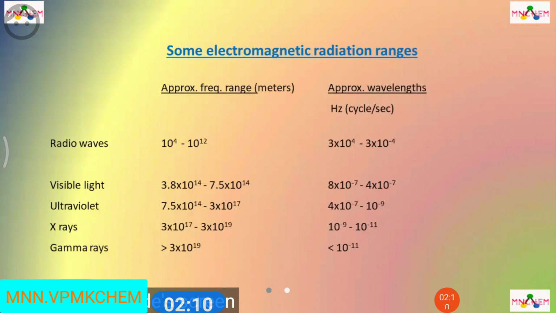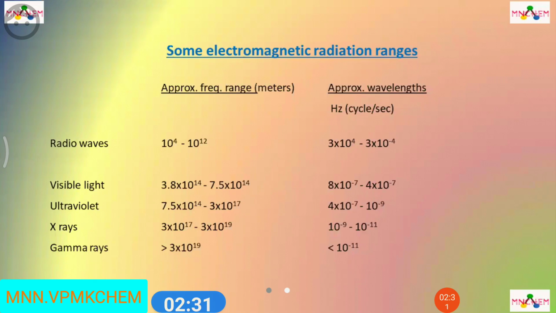Now there are different regions of electromagnetic radiation, and to mention a few, we have radio waves, then infrared radiations, visible light, ultraviolet light, X-rays, and gamma rays.